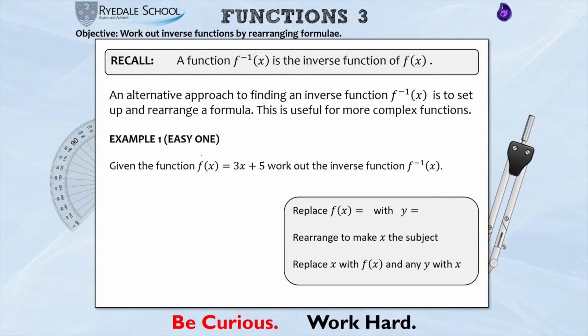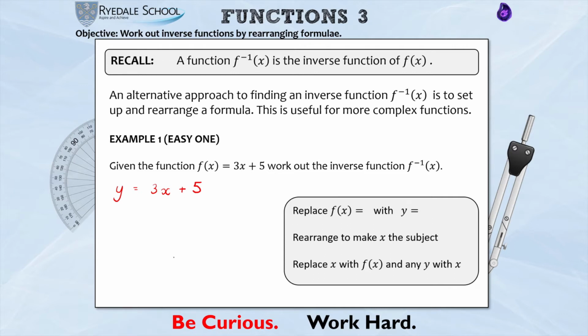The first thing that we do, instead of writing f of x, is replace f of x with a y. So we're going to create the formula that y equals 3x plus 5. So I've swapped out the f of x for a y. Now we are going to rearrange this formula to make x the subject.